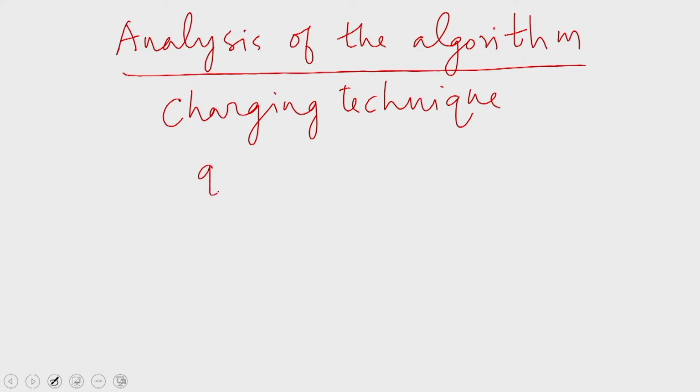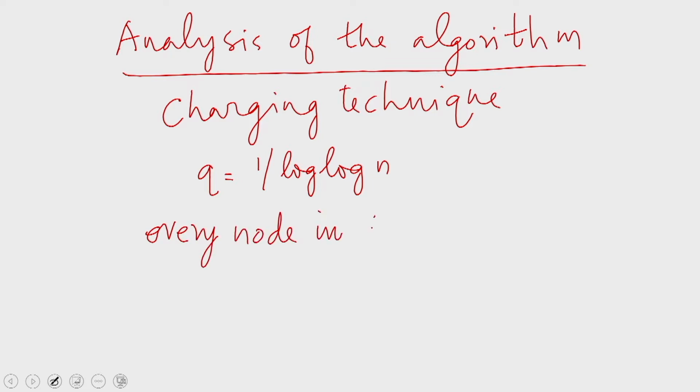Let us define Q as the quantity 1 divided by double log n. And then what we do is this: every node in the list is given a charge.